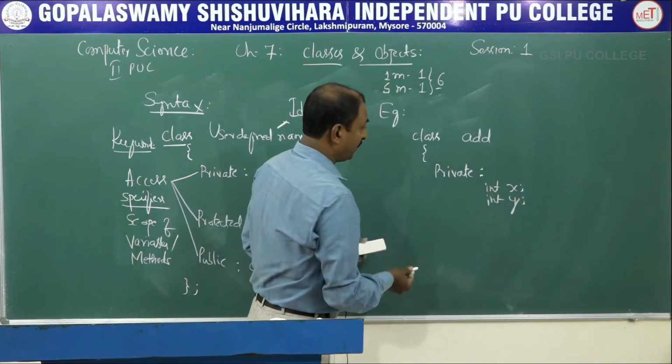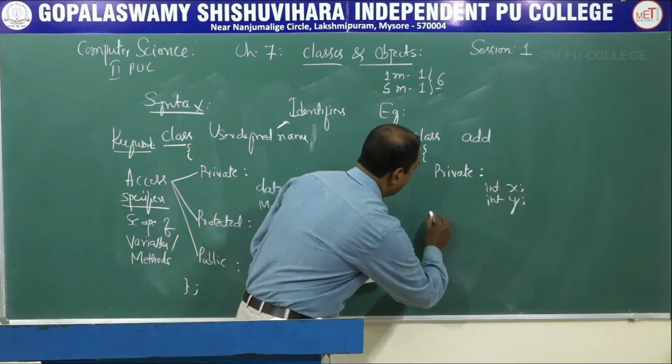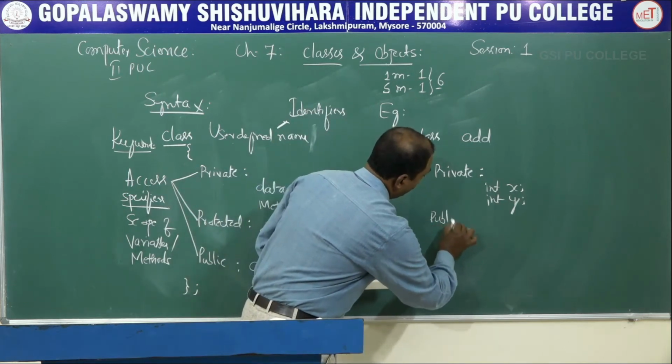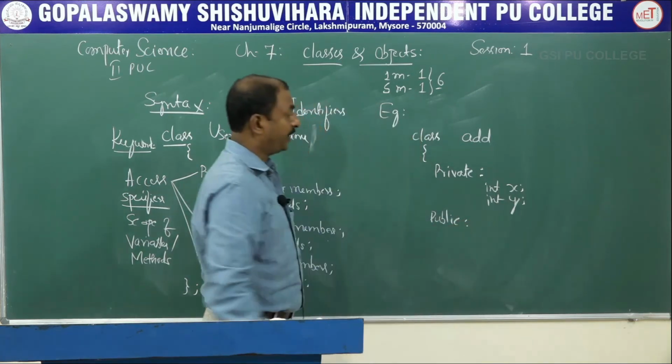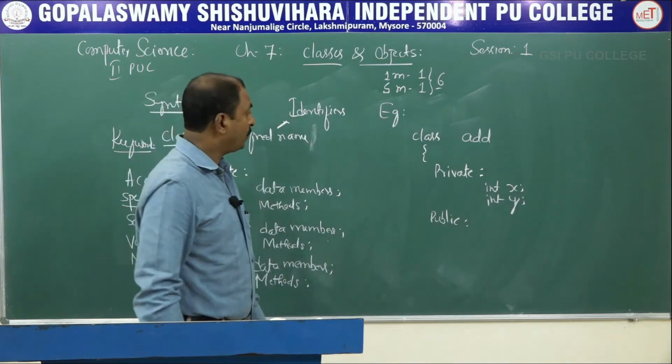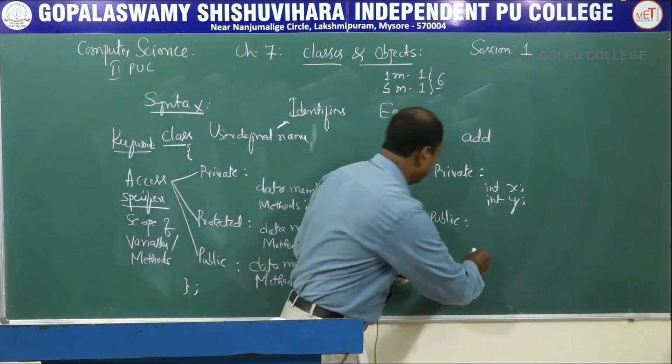and here these are private variables, and I'm going to write one public access specifier. Here I'm going to write member methods.